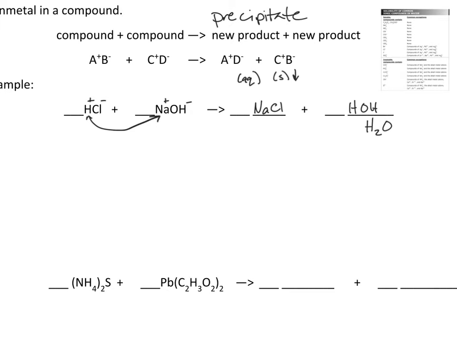You're going to predict the products for all of them, and then you're going to determine if they should have formed a precipitate and see if that's what happens in lab. The way you decide if it forms a precipitate is if it is soluble or not. Soluble means it can dissolve, which means it's not a precipitate.